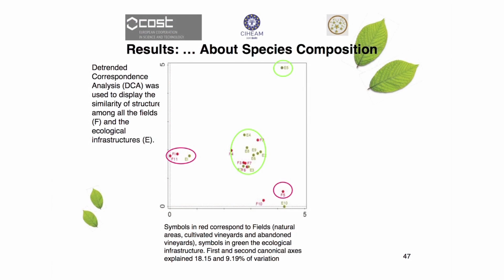But now we have a further thing to be investigated. So we need to include in our analysis new fields that have been cultivated for different years, for a different time span, in order to investigate this effect that made the fields not so close to their infrastructure, but very far.